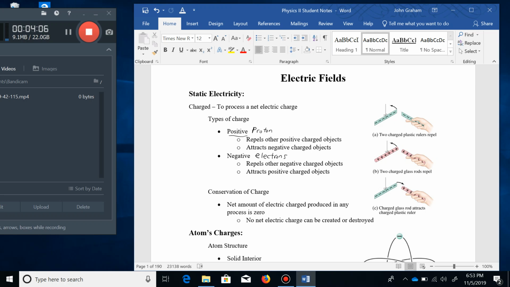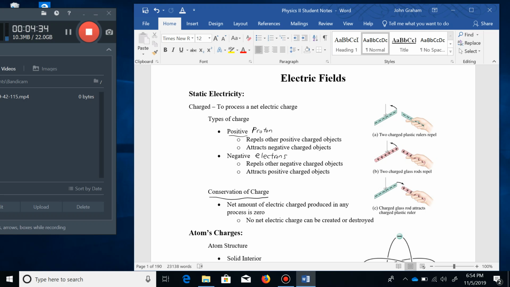And then we have an important law that we're going to get into here called conservation of charge. And that is that no net amount of electric charge is produced in any process. Another way of saying this is no net electric charge can be created or destroyed.